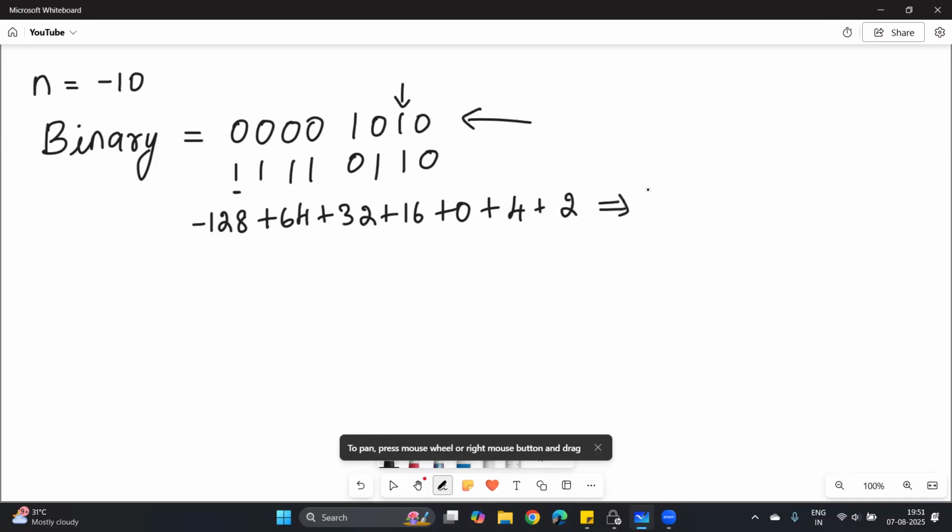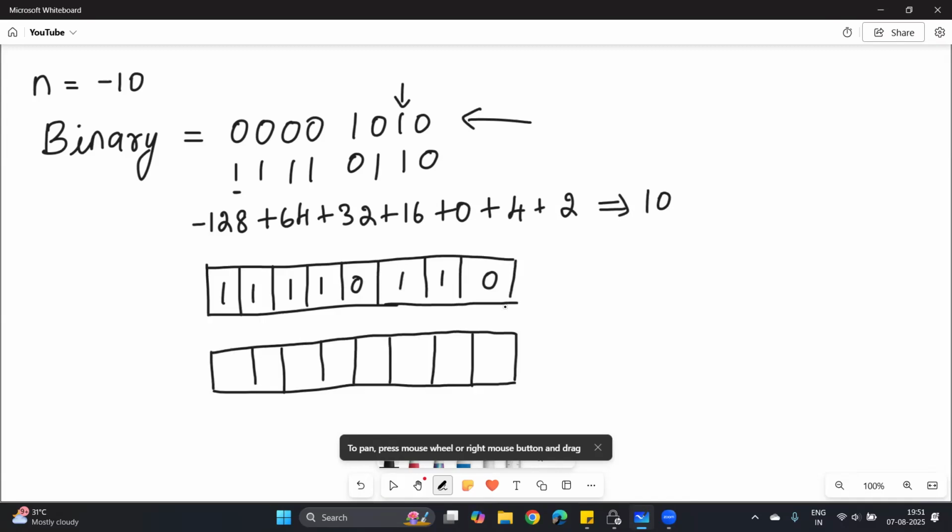This will give you minus 10. And now the other steps will be as it is. Now let us shift these bits. So 0 will come out, and here we'll have 1 1 0 1 1 1 1, and here also we'll have a 1. And on finding the integer number, we get it as minus 5.